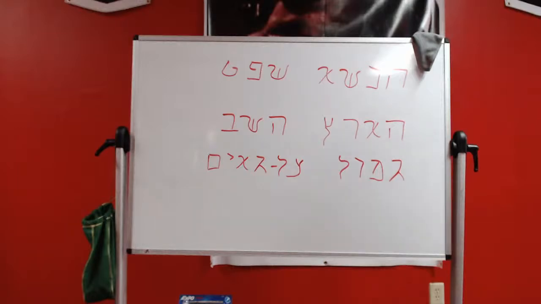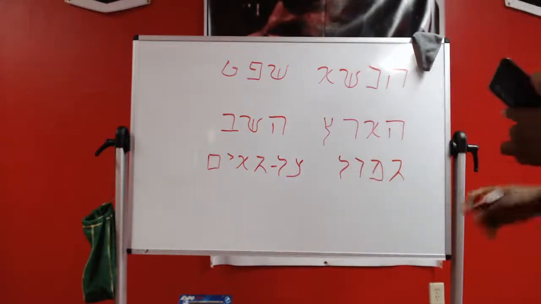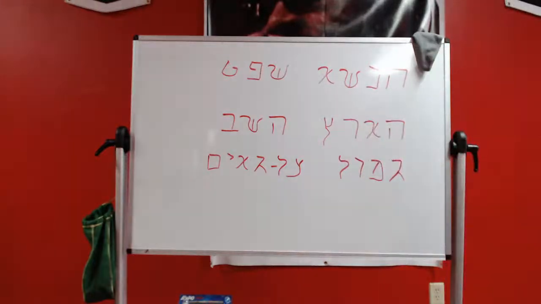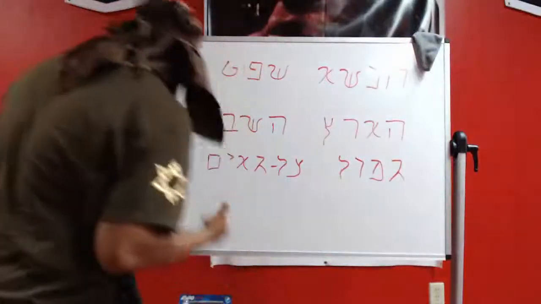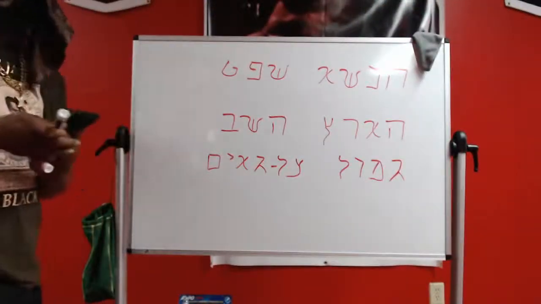Close again, but that last word is Gamul. So we have Hinnasei Shofet, and just for any brothers online, quick note, quick reference, Shofet, and I'm only writing this in purple because it is kind of bright.